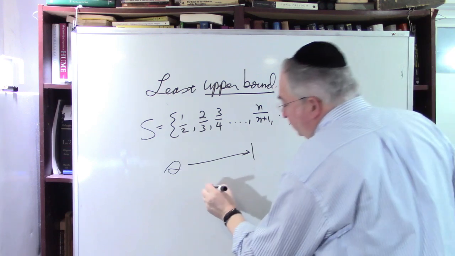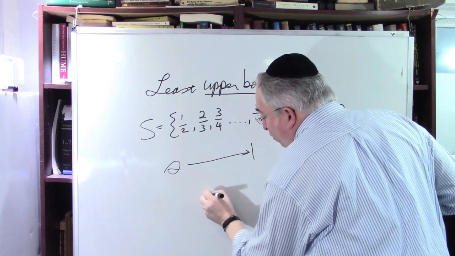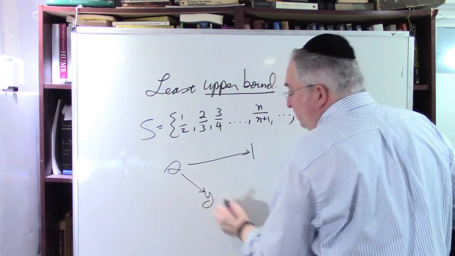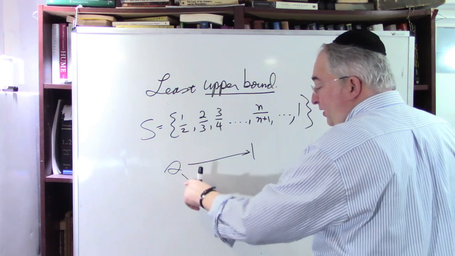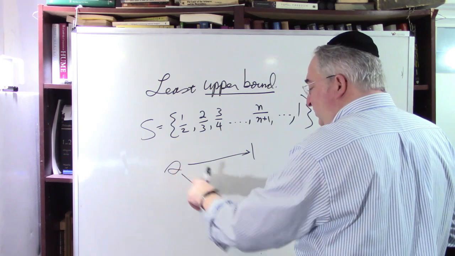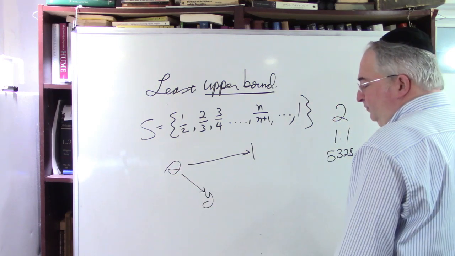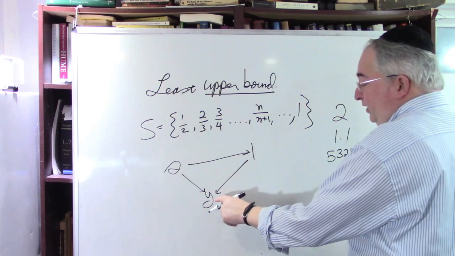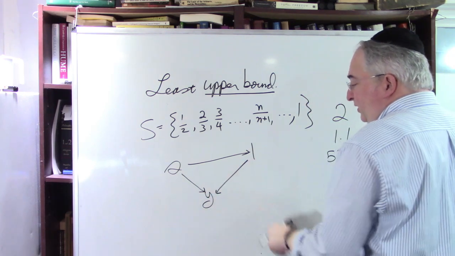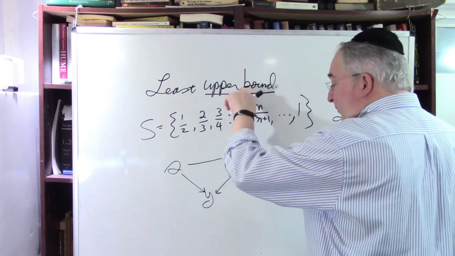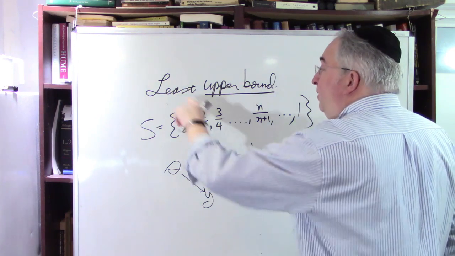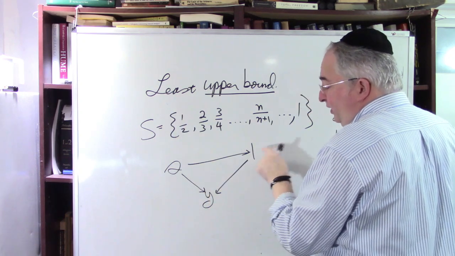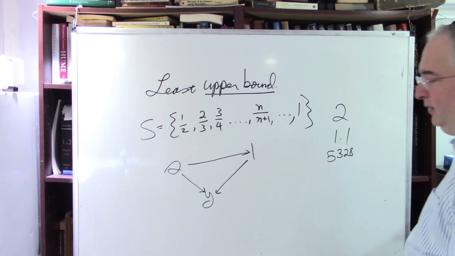So we say as follows: if there's any other element y such that every s is less than or equal to y, then 1 is less than or equal to y. This shows 1 is an upper bound, and it's the least upper bound. In other words, any other upper bound is more than or equal to it.